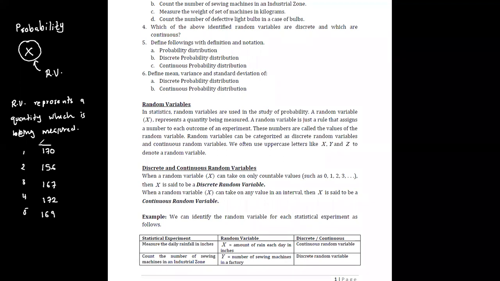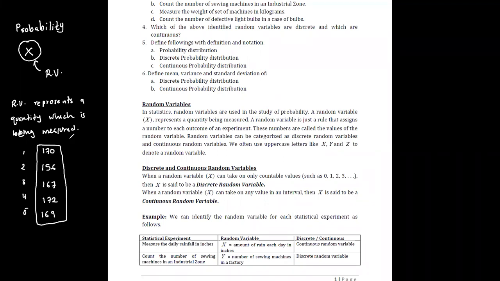Likewise, we may have obtained values for the height of each student. If you need to show these heights using a variable, we can assign the height of the students as our variable x. That is why we can say that a random variable represents a quantity being measured.